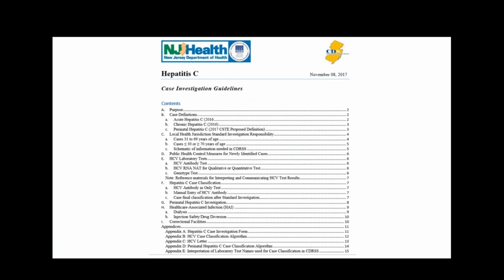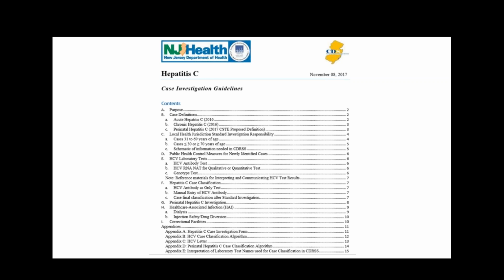At this point, let me take the opportunity to introduce you to NJDOH's new HCV investigation guideline. The rest of the presentation will focus on our new guide and investigation processes. The New Jersey Department of Health recognizes that, being a high-volume disease, HCV case report investigation can overburden the limited resources available at the local health departments.